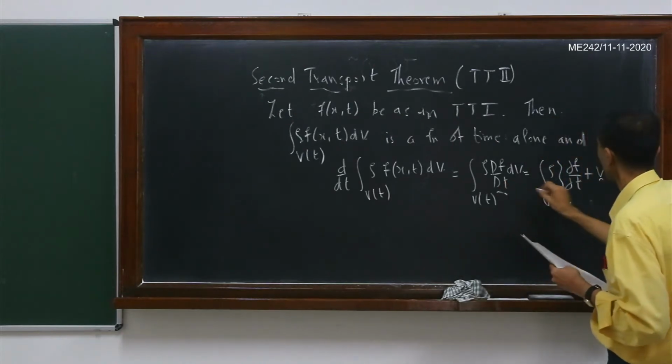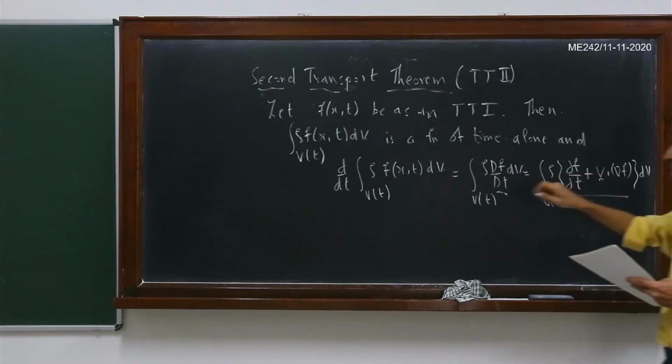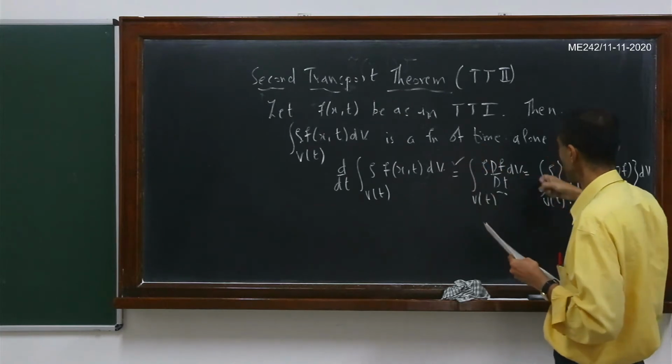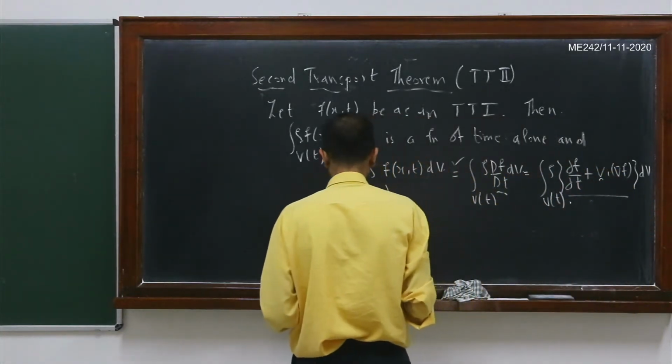From this step to this step, we are just simply replacing the material derivative by the Eulerian expression. Basically what we have to prove is the first equality, since the second just follows from the definition of the material derivative itself.